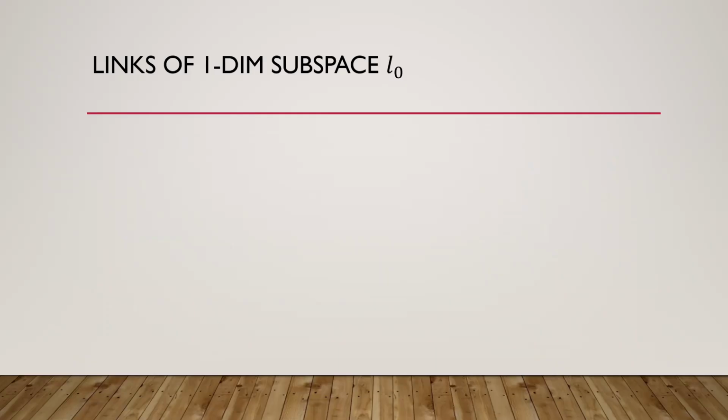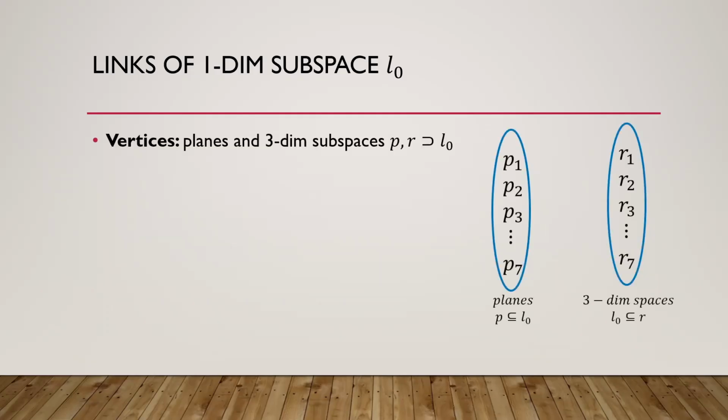Good. So let's go quickly over the third case. What about the link of a line? So for L naught, the vertices are planes and 3-dimensional spaces that contain this line. And edges are just pairs of plane and 3-dimensional space where one contains the other.